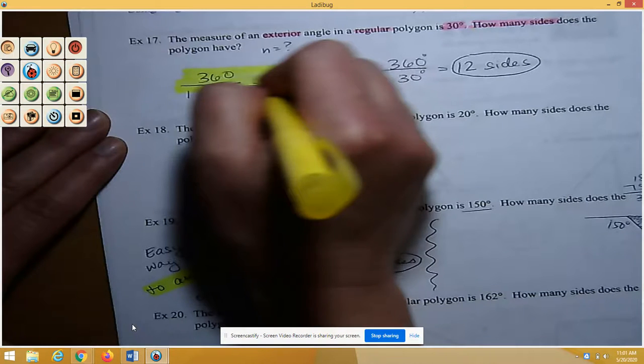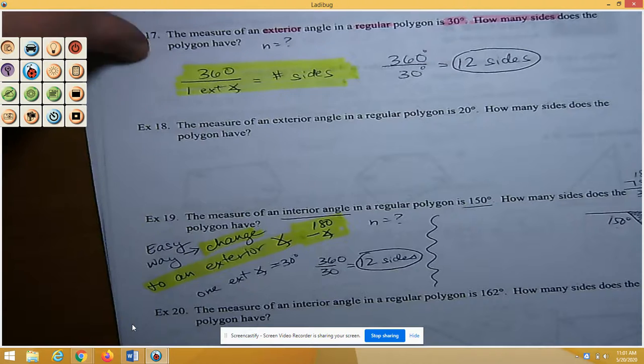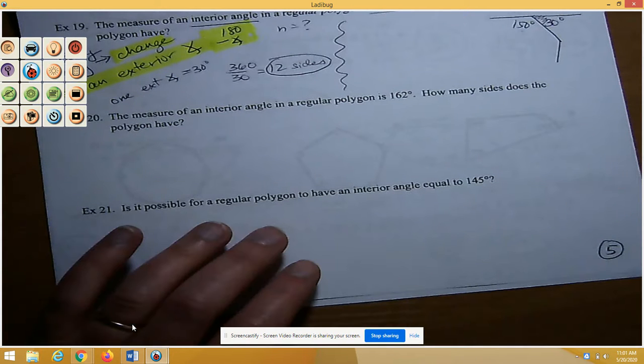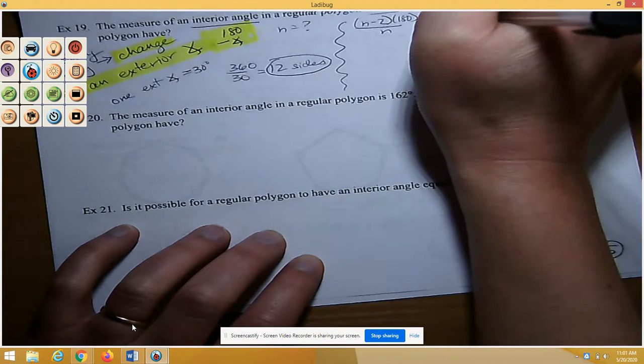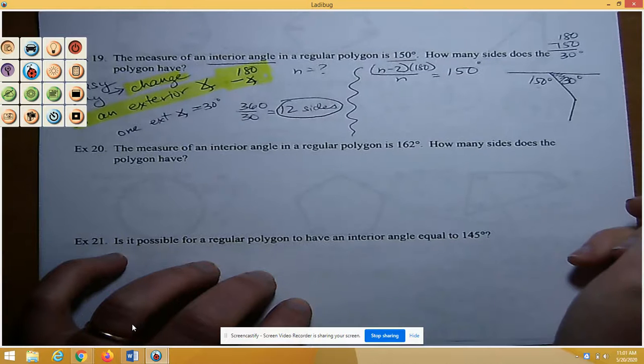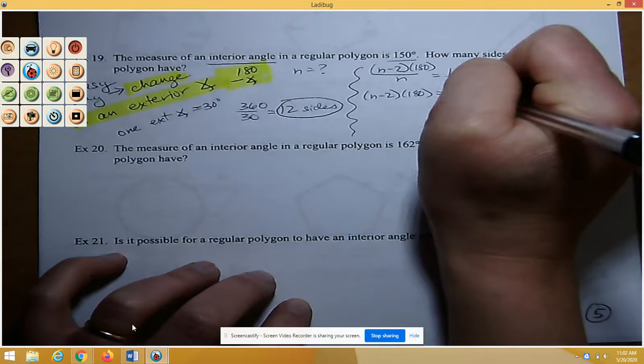Alternatively, and I will show you this, but it's pretty challenging, we would say n minus 2 times 180 divided by n equals 150 degrees. I wouldn't write this down, and I wouldn't do it. At this point, I would make it a proportion: n minus 2 times 180 equals 150n. And then from there, you're going to distribute.